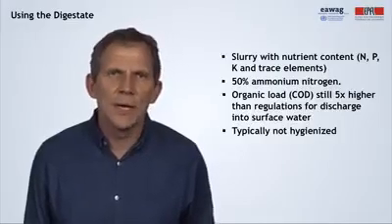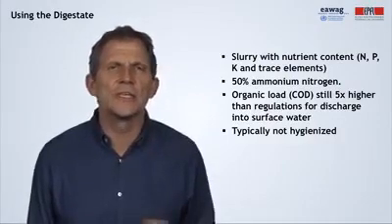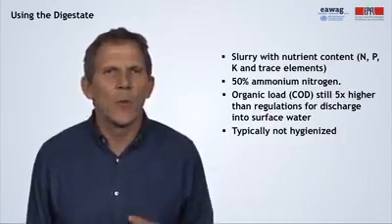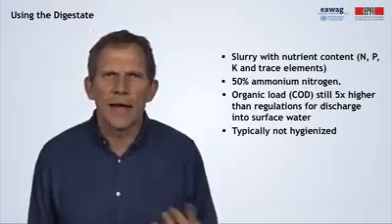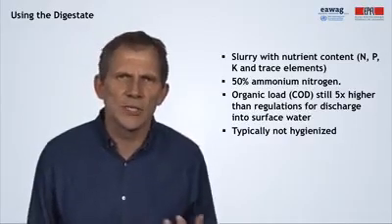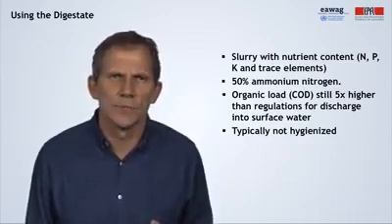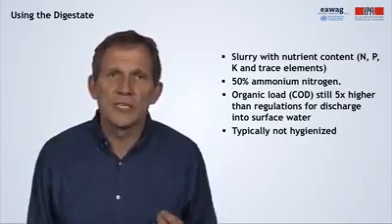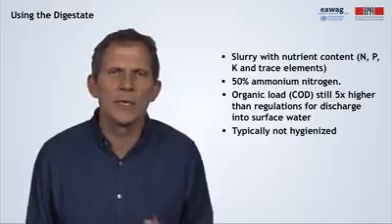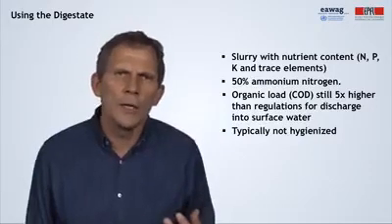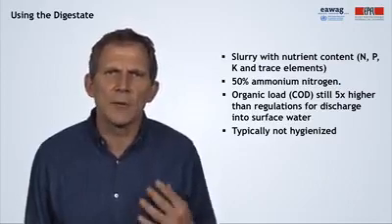Besides the gas, another product from anaerobic digestion is the digestate. In wet digestion systems, this is a nutritious slurry with nitrogen, phosphorus, potassium, as well as trace elements. 50% of this nitrogen is available as ammonium nitrogen that can be directly assimilated by plants. So all in all, it's a good fertilizer that can be used in agriculture.